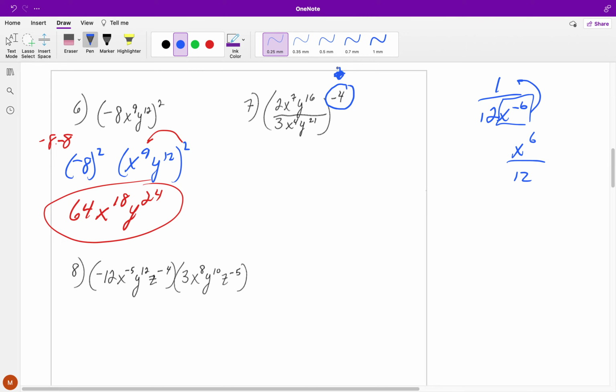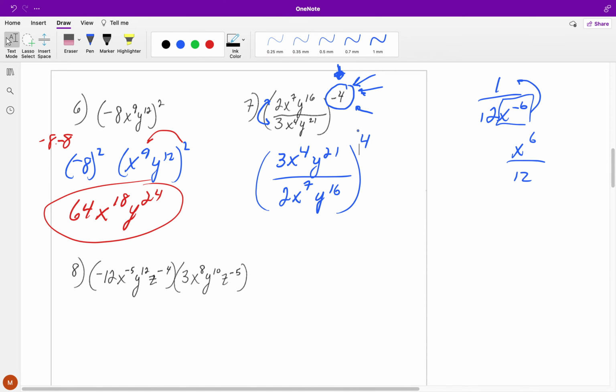Here, we're taking the reciprocal of everything that's being raised to the negative 4, so that means everything on the inside needs to flip. And when we flip it, it remains exactly like it is because we're only changing this negative. We're taking the reciprocal of that negative, and we're only affecting that. So yes, everything has changed its spot, however, it changed because we changed that negative 4 power.